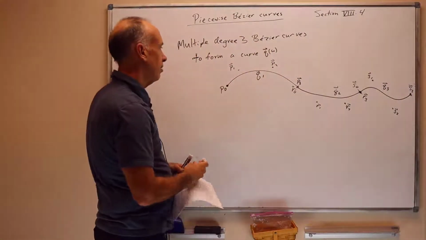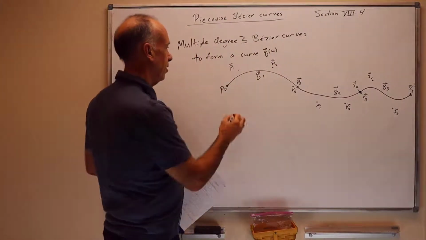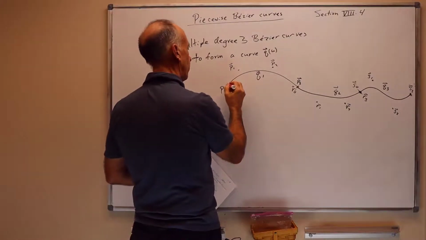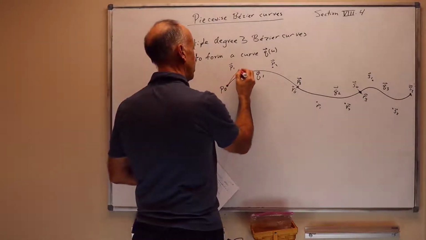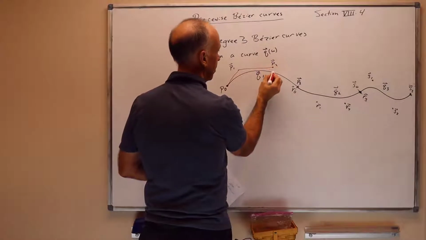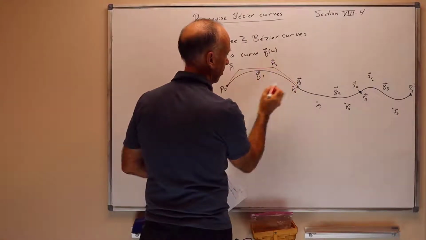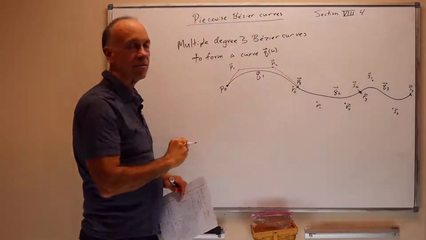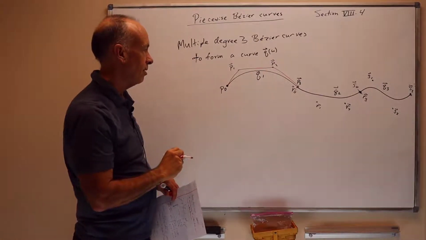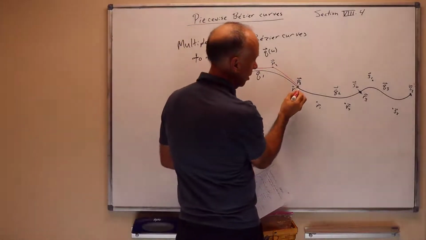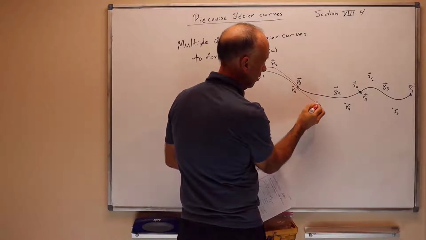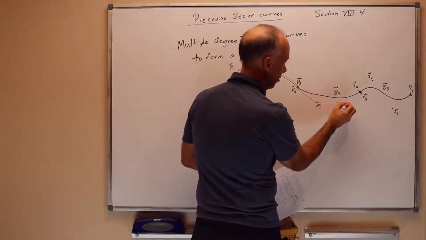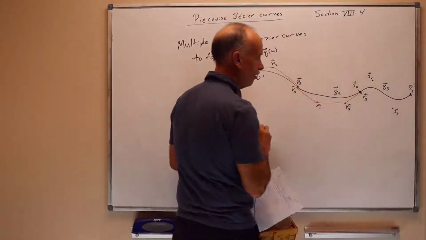So let's first draw the control polygons for these 3 Bezier curves. The control polygon for Q1 starts at P0, goes to P1, to P2, and finally to P3. So these 3 straight line segments are the control polygon for Q1. For Q2, the control polygon starts at R0, goes to R1, to R2, and to R3.